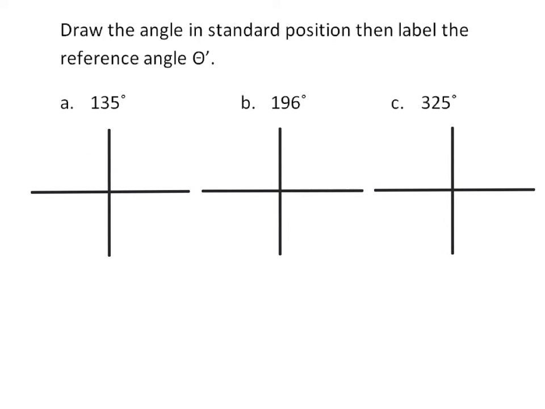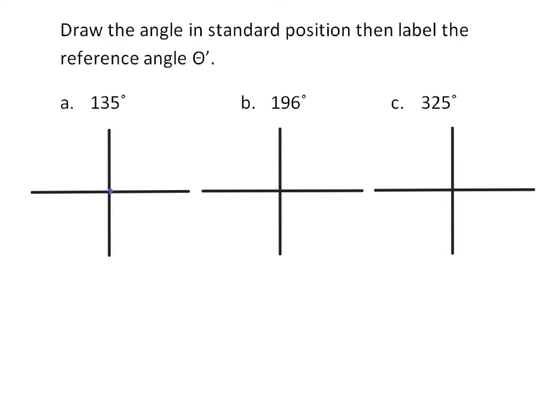Let's practice just drawing this original angle theta and then drawing in what we believe theta prime is before we get into talking about the measure of that angle. Draw the angle in standard position and then label the reference angle theta prime. So here's my original angle right here, 135 degrees. This is my angle that we'll call theta.